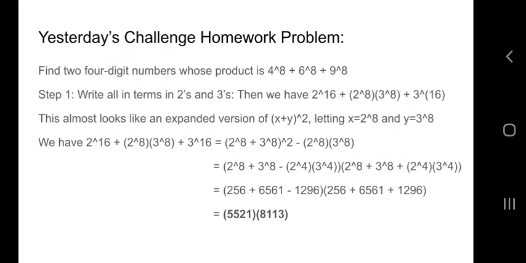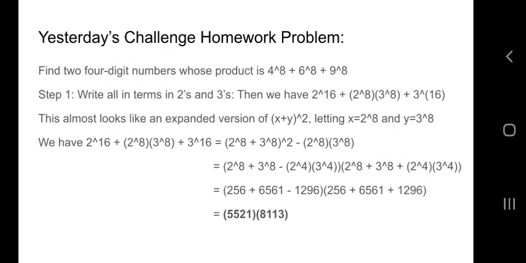So in particular, this looks like an expanded version of (x plus y) squared, where x looks like 2 to the 8th power and y looks like 3 to the 8th power. So if we let x be 2 to the 8th power and y be 3 to the 8th power, then this expression we have is almost (2 to the 8th plus 3 to the 8th) squared.